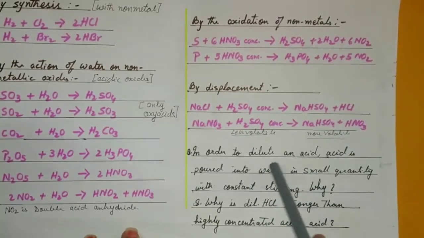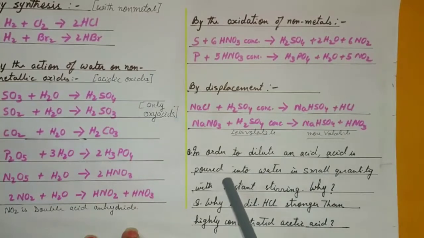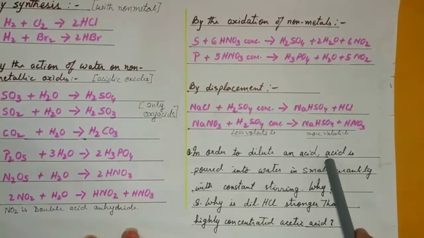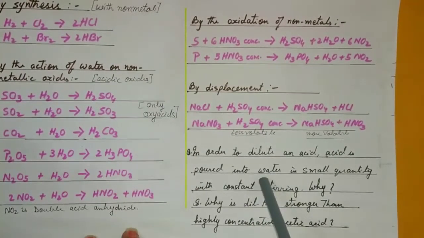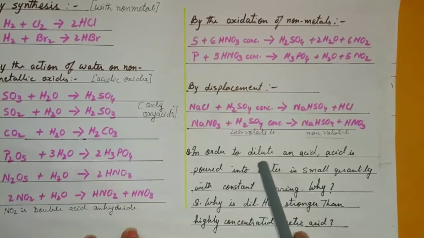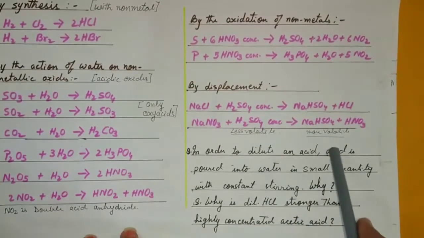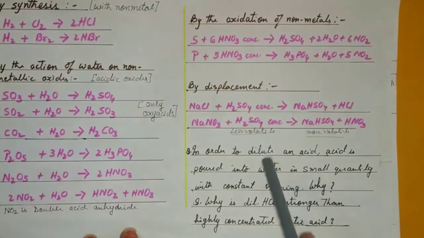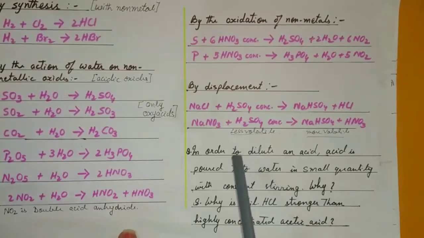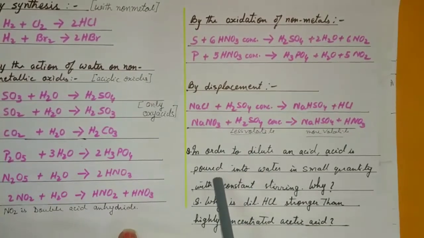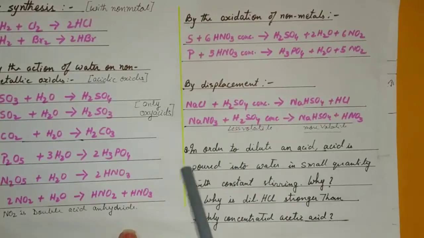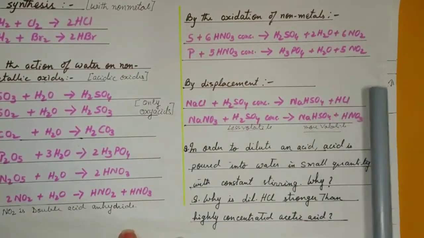Therefore, in order to dilute an acid, it is always acid to be poured into water, not water into acid, in small quantity with constant stirring, because water is at a lower temperature and will be able to absorb more since its specific heat is high. So a little drop of acid into water with constant stirring will result in a dilute acid, rather than pouring water into acid, which is going to be very dangerous. The answer is written very clearly in your text. Please see that you don't miss it out.